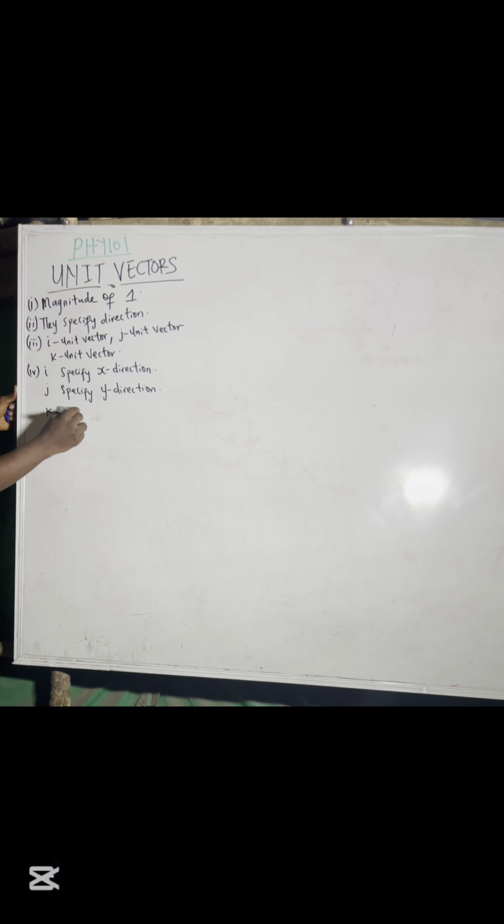In vector A, there is 4i. In vector B, there is 6i. Everybody, what is 4i plus 6i? That gives us 10i. So 4i plus 6i, it gives us what? 10i.